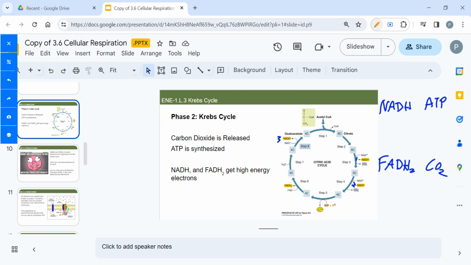So I have made 3 NADHs, but keep in mind, this happens twice because there are 2 acetyl-CoAs, because there are 2 pyruvates, because I make 2 pyruvates with 1 glucose. So I'm actually making 6 NADHs total. The first number is going to be per pyruvate. This is going to be per glucose.